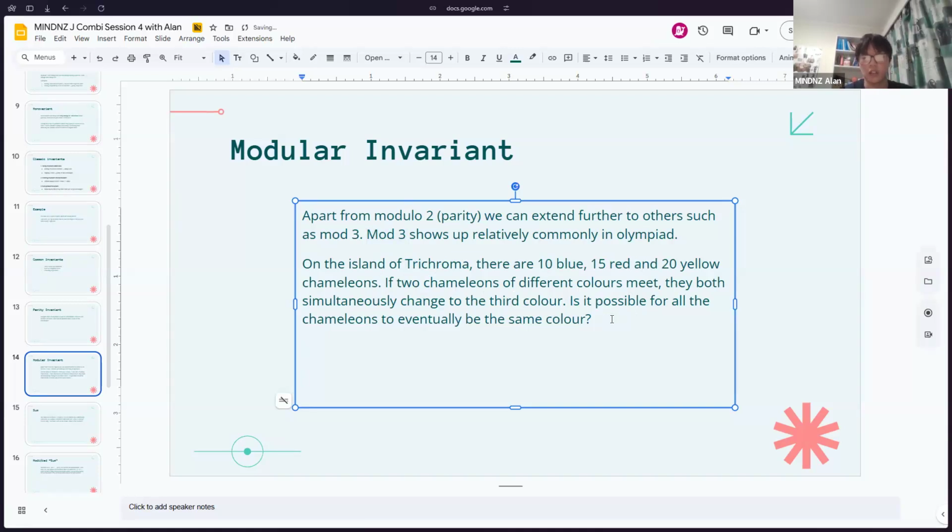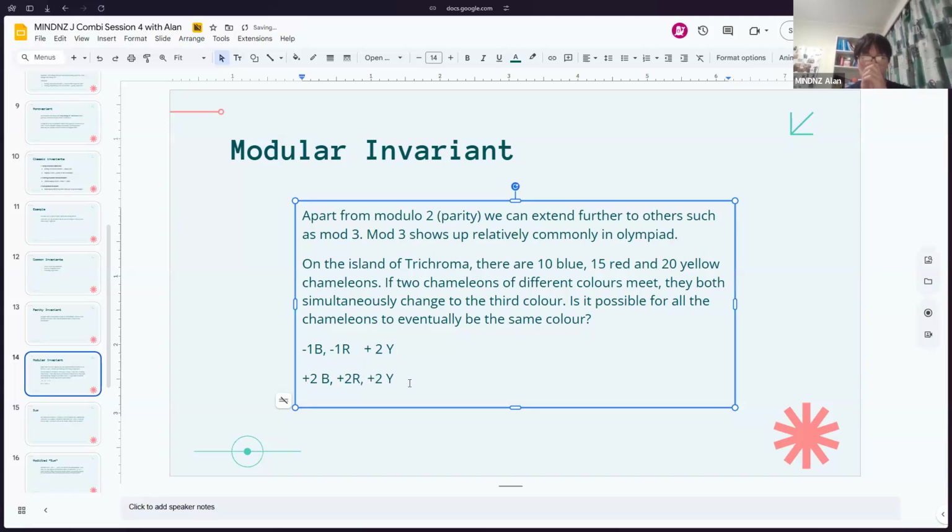Let's say blue and red meet. So we have B, R. We get minus 1 B, minus 1 R, and we also get plus 2 yellow, right? But then when we take this mod 3, this is just plus 2 B, plus 2 R, and plus 2 yellow.